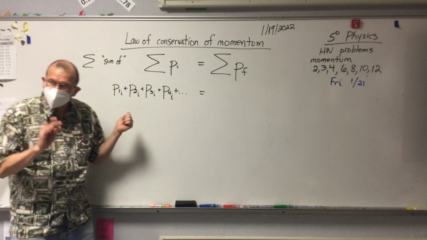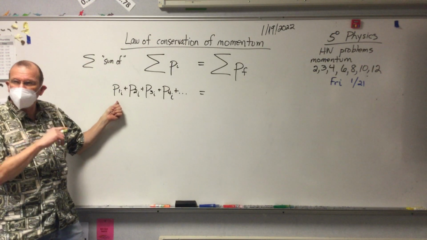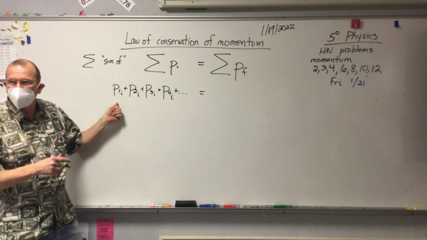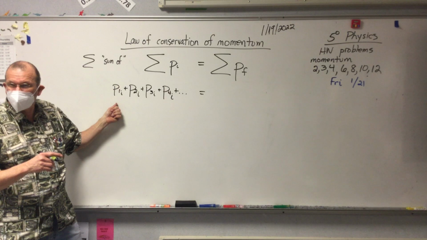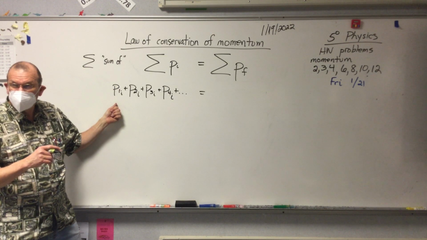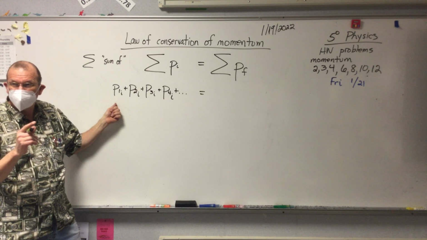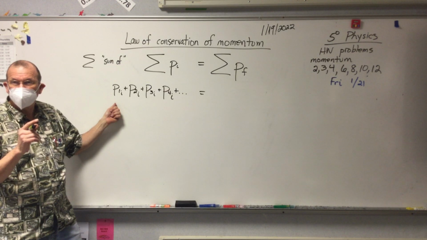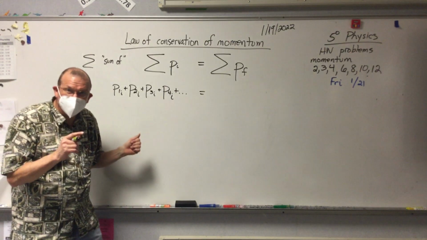So, let's see if you can make sense of what this means. What would P1I represent? Anybody want to take a gander at that one? What does lowercase p stand for?